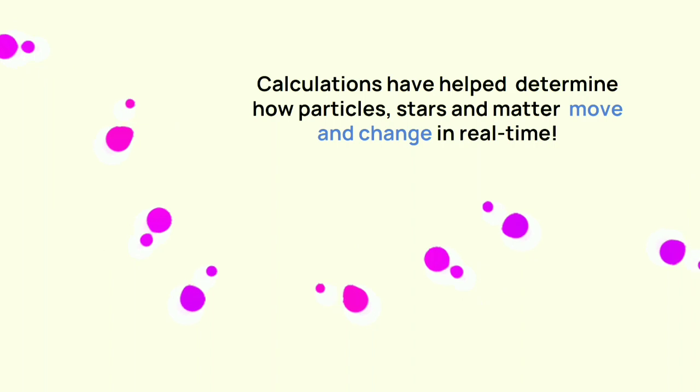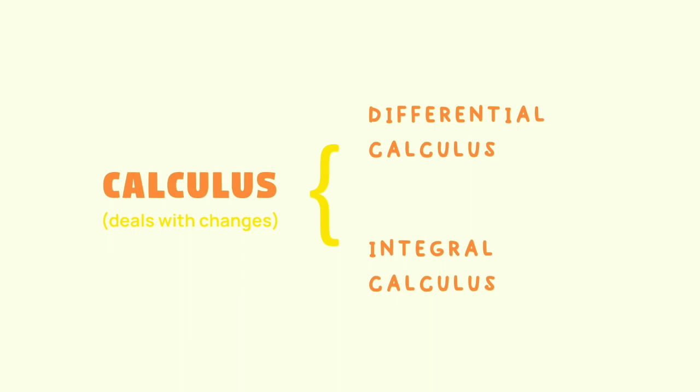But as we all know, everything in the universe is always moving and changing. No object, from stars in space to subatomic particles or even cells in our body, is always at rest. Calculations have helped determine how particles, stars, and matter move and change in real time. Differential calculus and integral calculus are the two main parts of calculus.